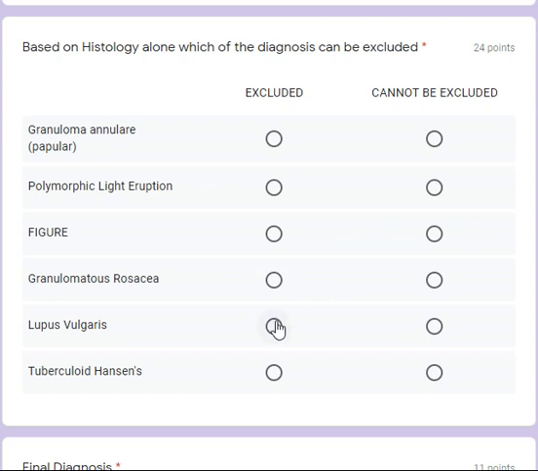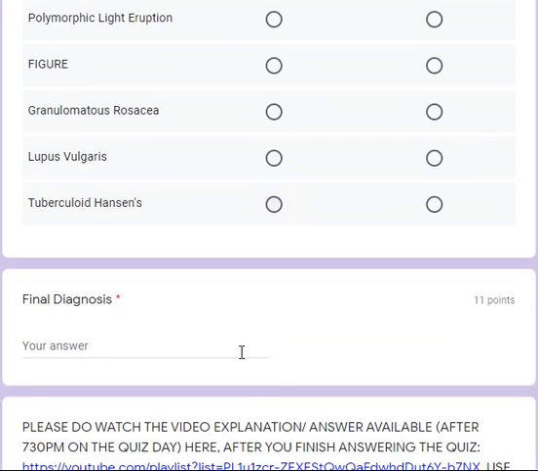Lupus vulgaris typically has a lichenoid and granulomatous infiltrate, but that doesn't mean you exclude the others. FIGURE and granulomatous rosacea can present rarely with a lichenoid infiltrate, and I would definitely not exclude them based on the histology alone. Tuberculoid Hansen's, however, can be excluded simply because, as I told you, there are no serpentine granulomas. The granulomas are much more loose, and therefore you can exclude tuberculoid Hansen's on histology alone.